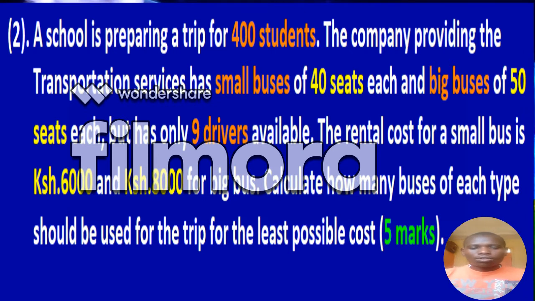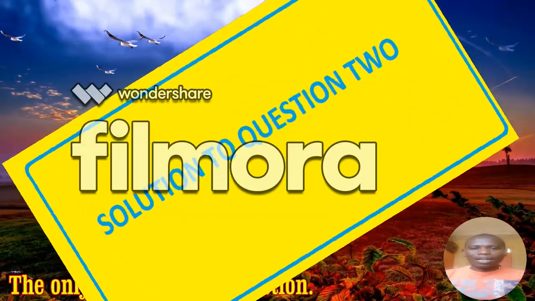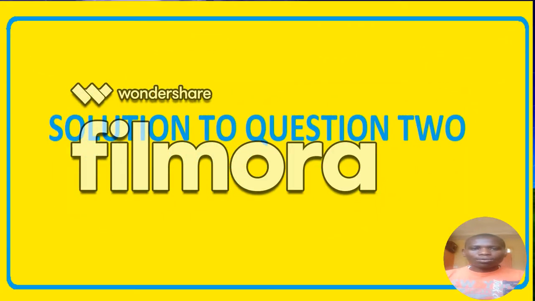The rental cost for a small bus is 6,000 Kenya shillings and 8,000 Kenya shillings for the big bus. Calculate how many buses of each type should be used for the trip for the least possible cost. So let us go straight into the solution to question 2.